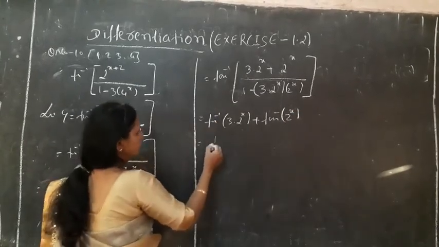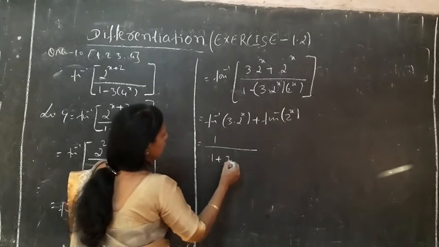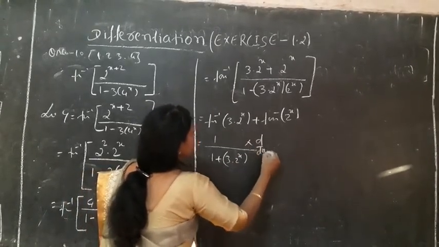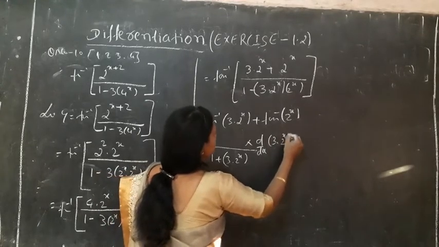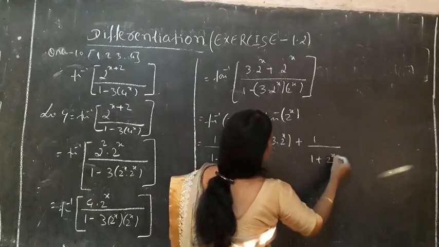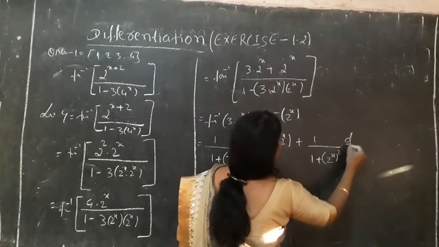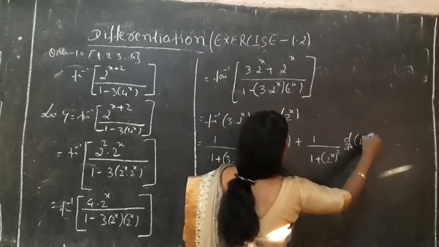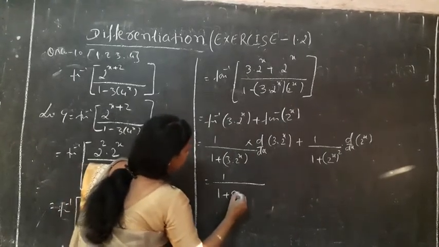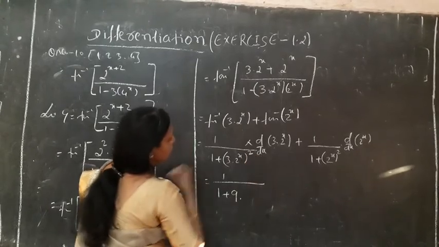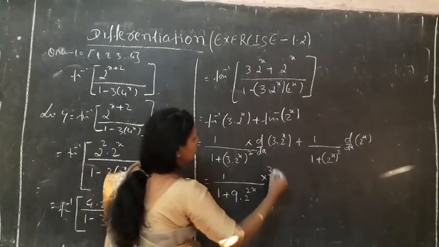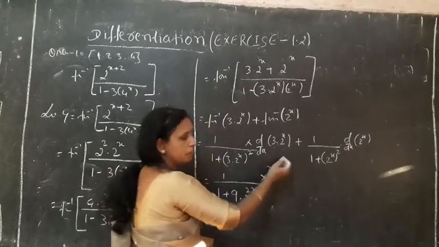Next, differentiating with respect to x, we can write 1 divided by 1 plus (3 into 2 raised to x) square, into d dx of 3 into 2 raised to x, plus 1 upon 1 plus (2 raised to x) raised to square, into d dx of 2 raised to x. This is equal to 1 divided by 1 plus 9 into 2 raised to 2x. 3 is a constant. Apply here the differentiation of a raised to x formula.